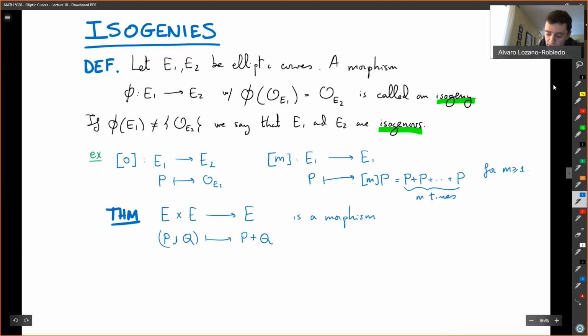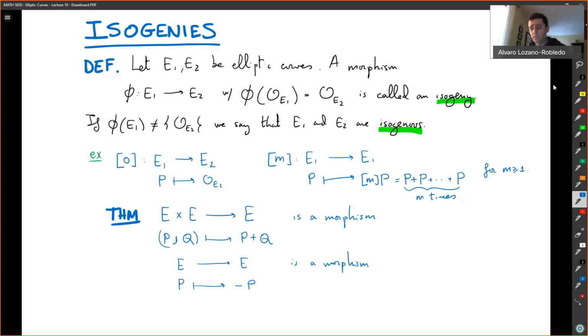And the map from E to E that sends P to minus P is also a morphism. So multiplication by m, which is just the repeated composition of addition, will also be a morphism, and it sends 0 to 0, so it is an isogeny.